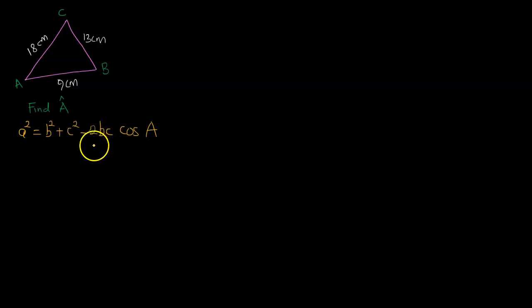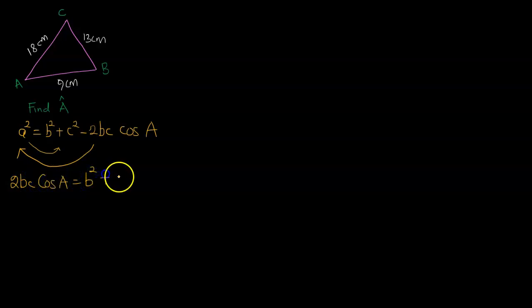The first thing here is to move 2bc cos A to the other side and A squared to the right side. So this is going to be 2bc cos A is equal to B squared plus C squared minus A squared.